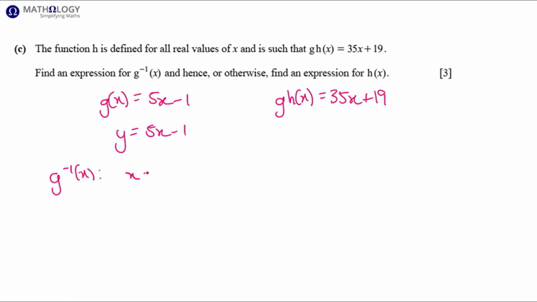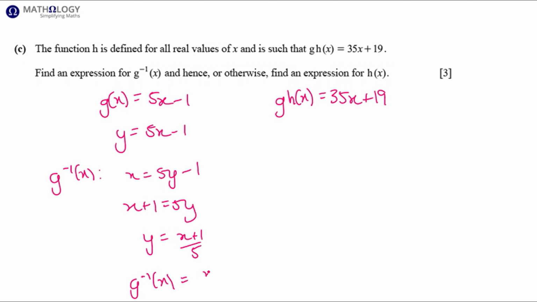We switch the x and y around, so x equals 5y minus 1, 5y equals x plus 1, so y will be (x plus 1) over 5, or a fifth of (x plus 1). This is now the inverse of g.